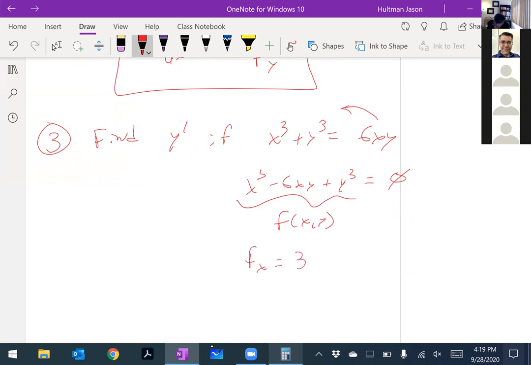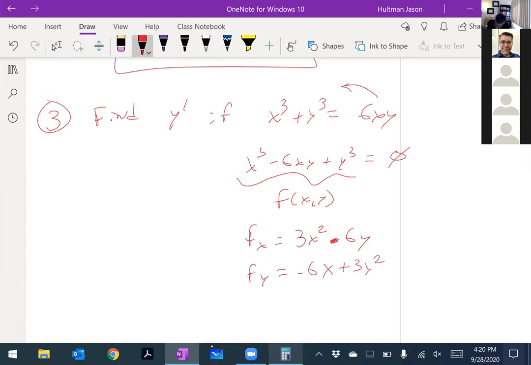Well, that's 3x squared minus 6y. And then what is f sub y? That's going to be negative 6x plus 3y squared.